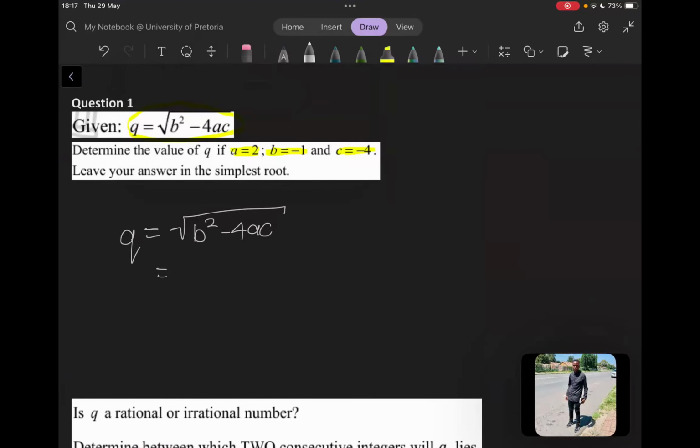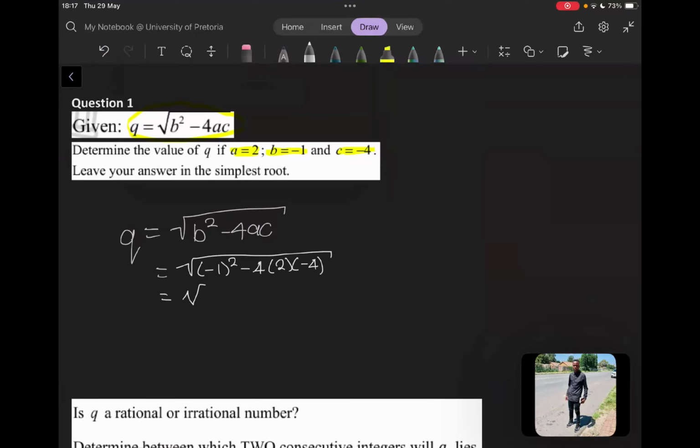We're solving for Q in this case, and we've been given our values for A, B, and C. So let's just write it out. We have b squared minus 4ac, which is -1 squared minus 4 multiplied by 2 multiplied by -4.